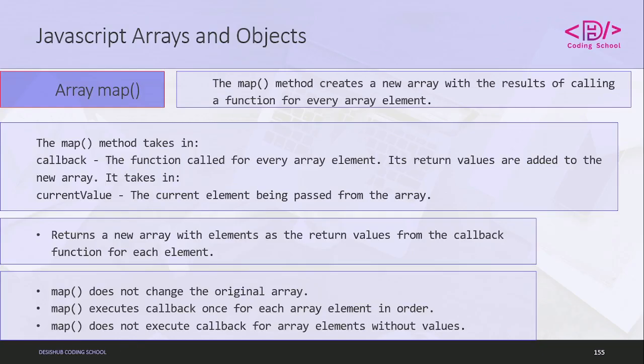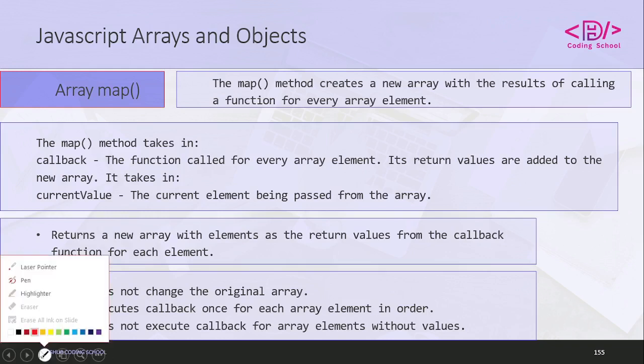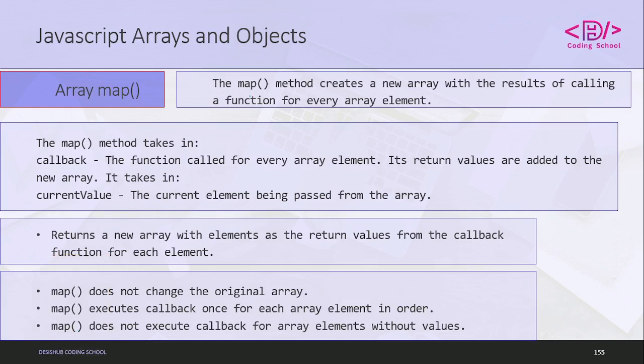The map method creates a new array with the result of calling a function for every array element. I want you to understand that statement. It includes key terms, and I'm just going to highlight some of them.